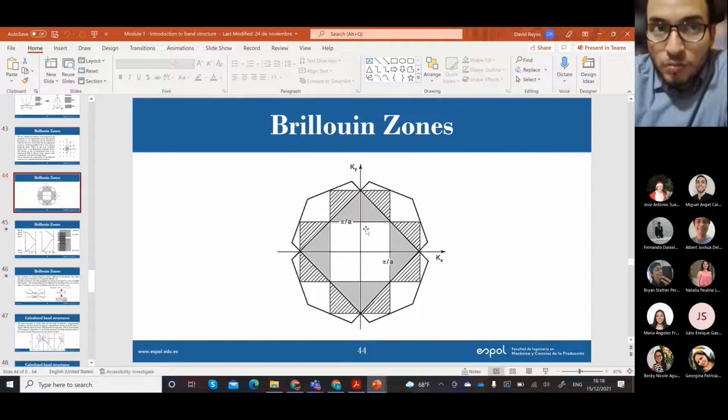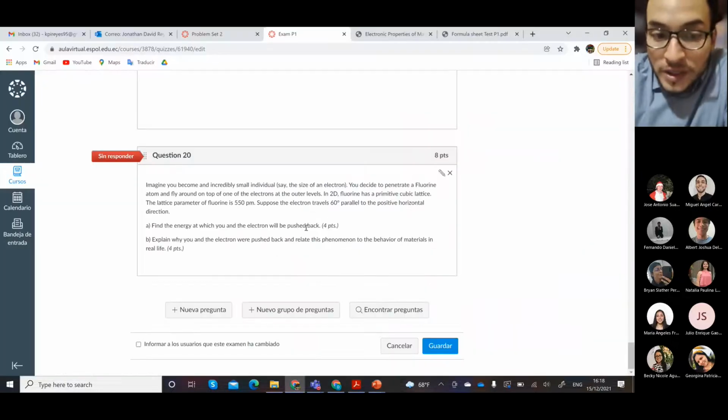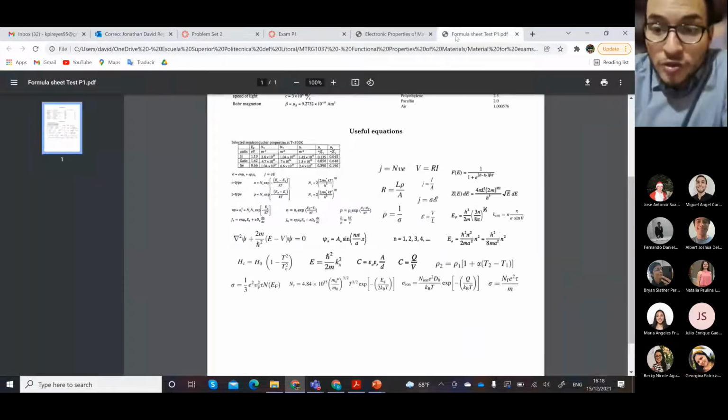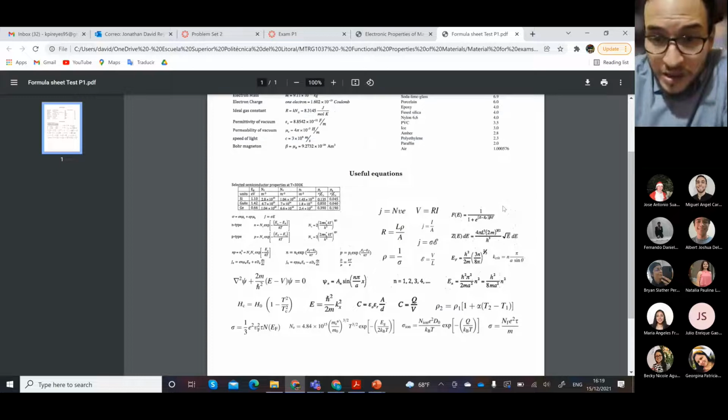That was what you guys had to understand from the question. That's why it's asking for the energy at which you and the electron will be pushed back, because the electron will be pushed back once it reaches the Brillouin zone, in this case the first Brillouin zone. So you can find the critical wave vector, and then you find the energy. How do you find the energy?